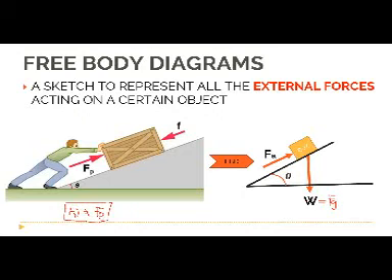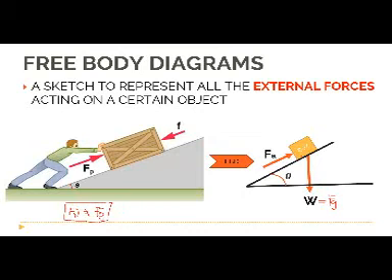Since the person is pushing the box, there is an applied force on the box, F sub A, which has a direction to the right. That is the force applied to the box by pushing it.